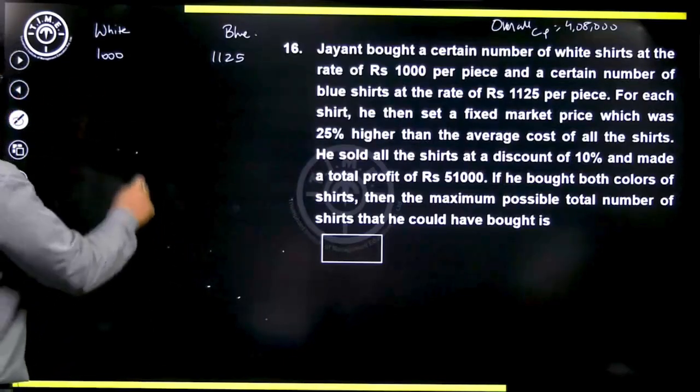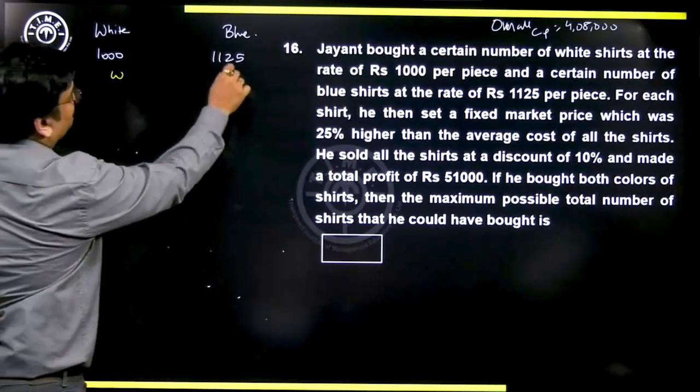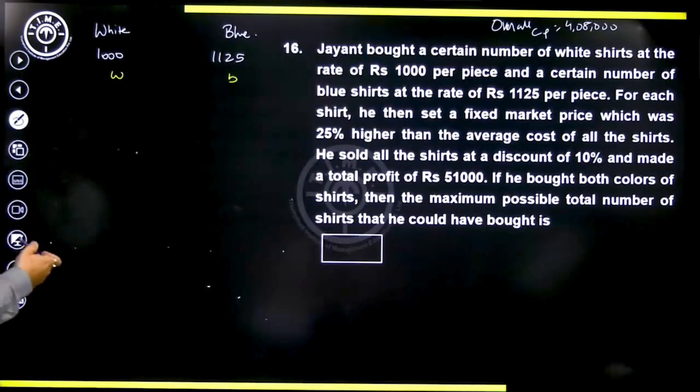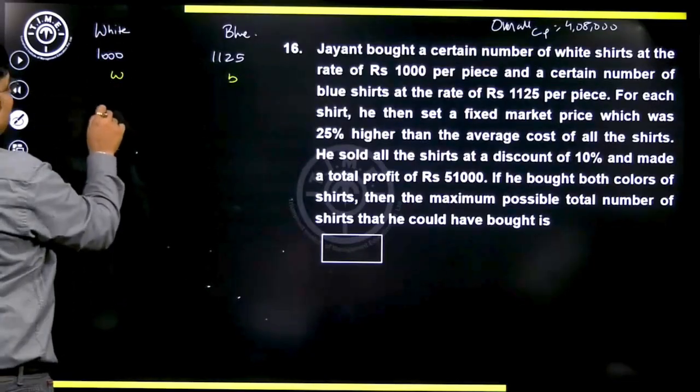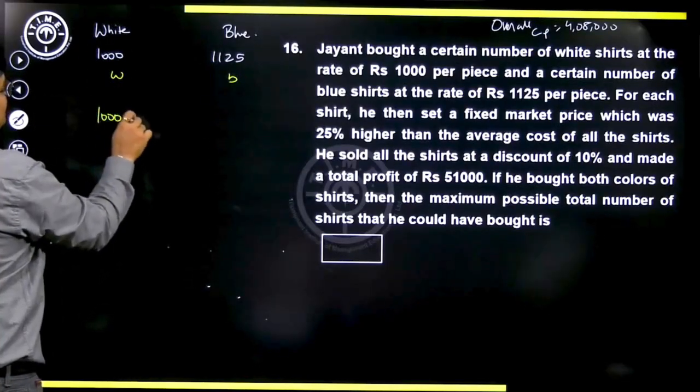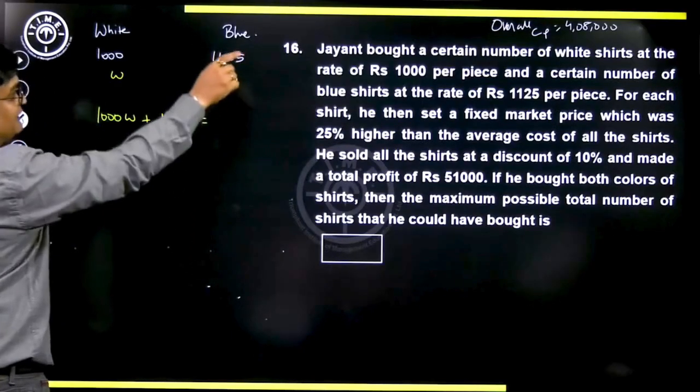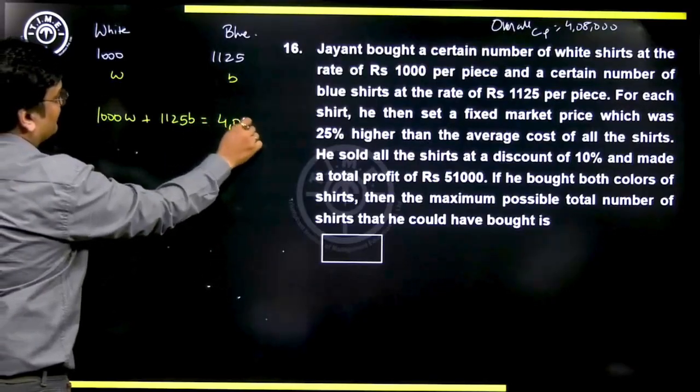Suppose he bought W white shirts and B blue shirts. We have to find the maximum possible value of W plus B. The total cost for white is 1000 into W, for blue 1125 into B, and that should be equal to 4,08,000.